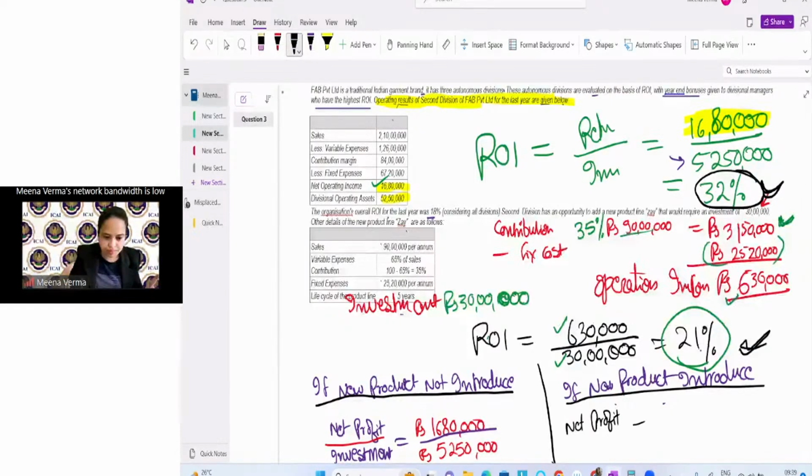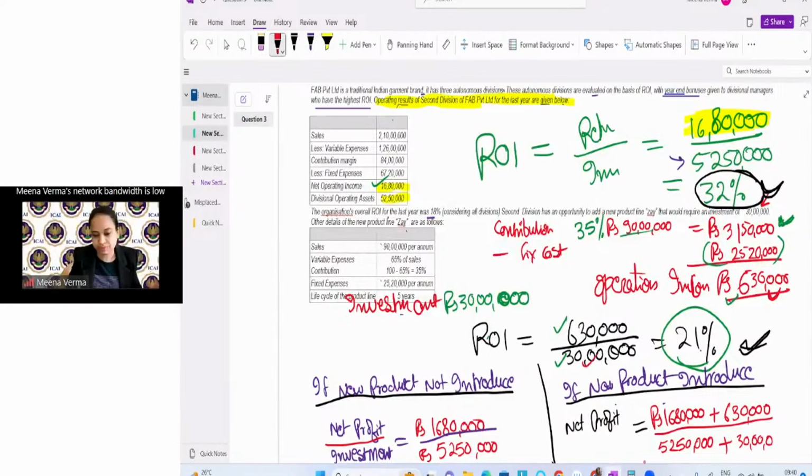Earlier the net profit was rupees 1680, and the net profit has increased by 630. Earlier the investment was only 5250, but now the investment has increased by 30 lakh more. Right? This is the increase in investment.